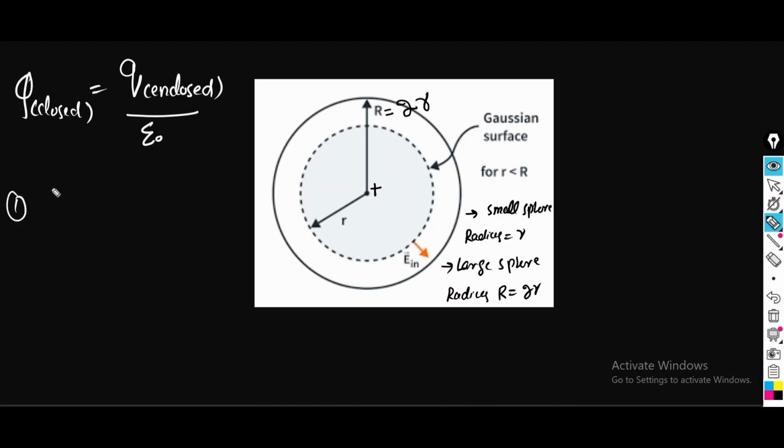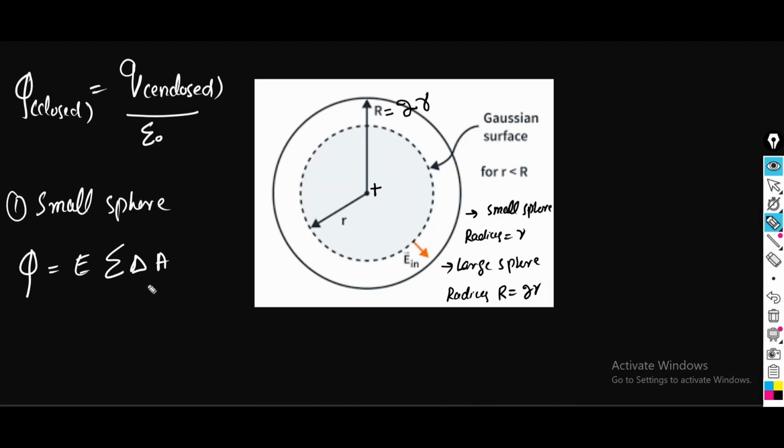In the first case, we consider the small sphere. So the Gauss law for the small sphere is written as phi through a closed surface, where flux is the number of electric field lines that pass through the area.